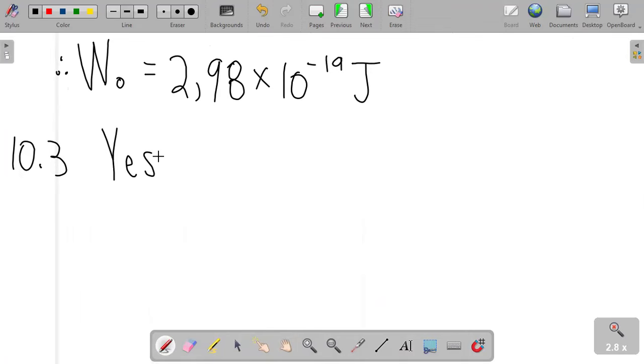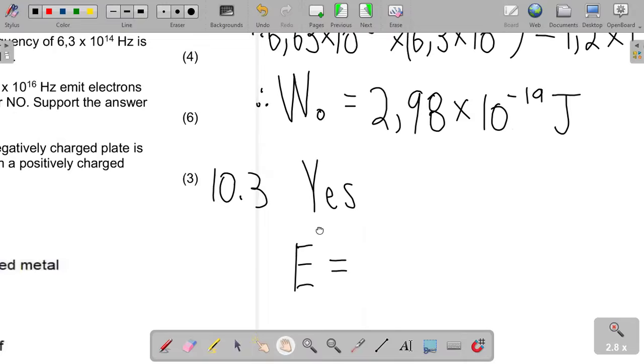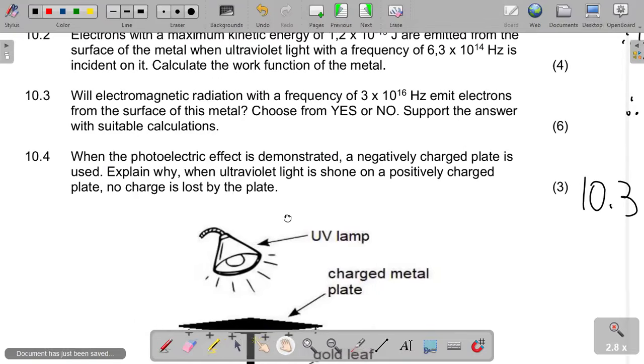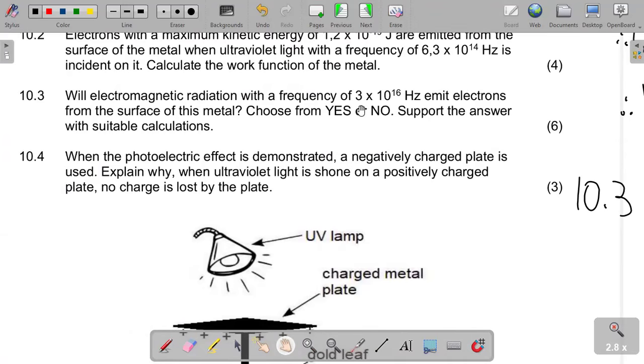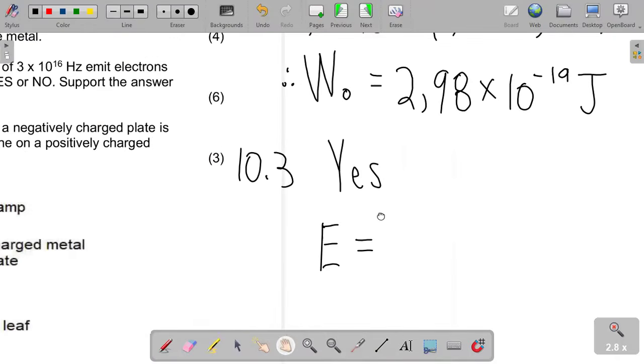We're going to calculate the energy. If the energy is greater than the work function, then it means that electrons will be emitted. We're given the frequency, 3 multiplied by 10 to the 16.